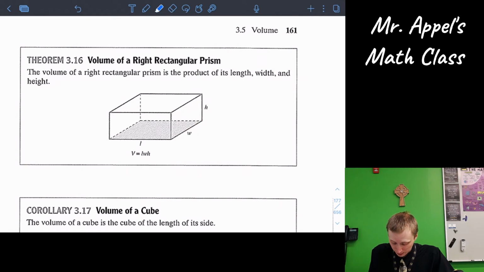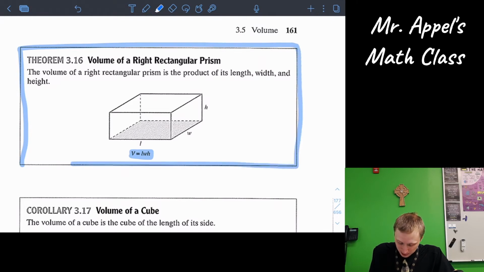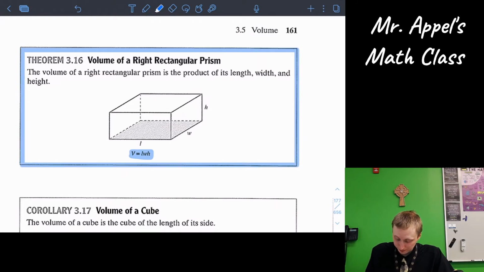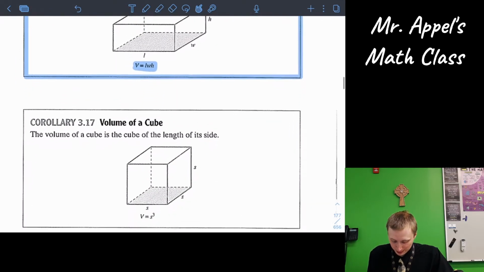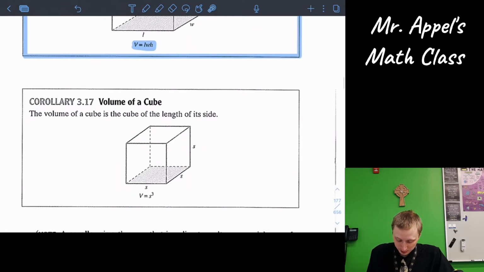So we can apply that shortcut there, have that theorem handy as well. And its corollary, we'll get to the corollary in a moment.